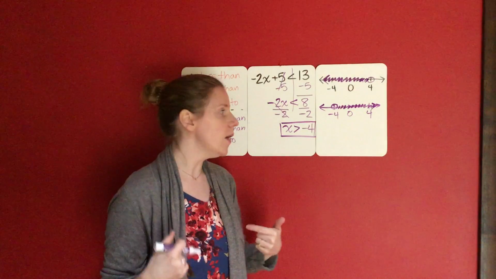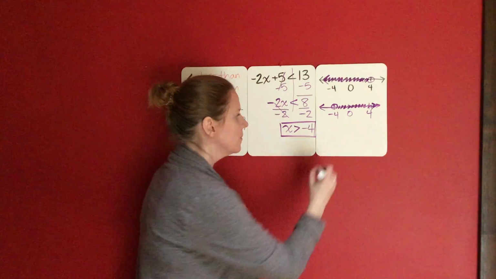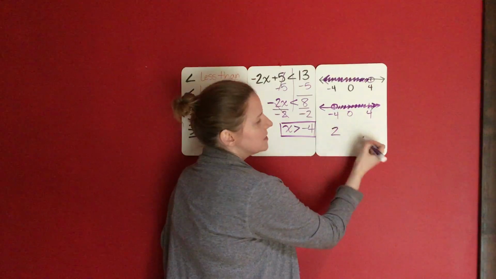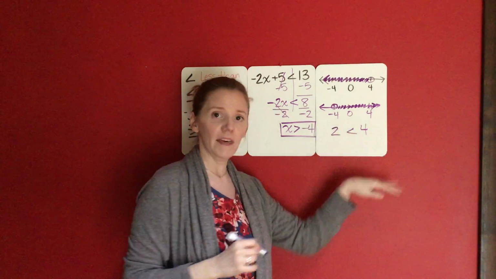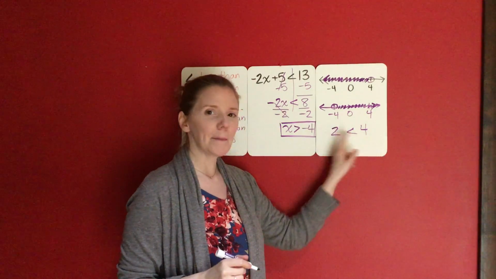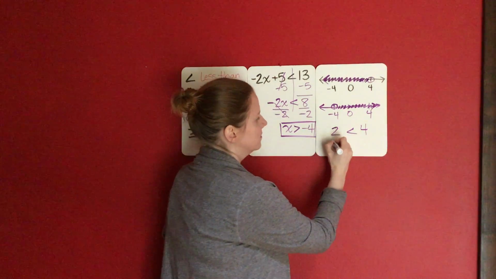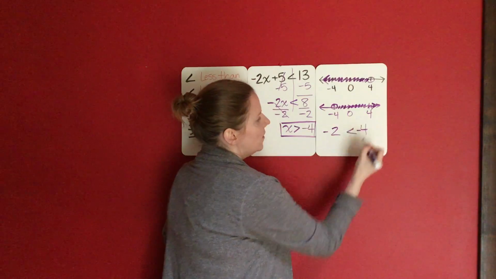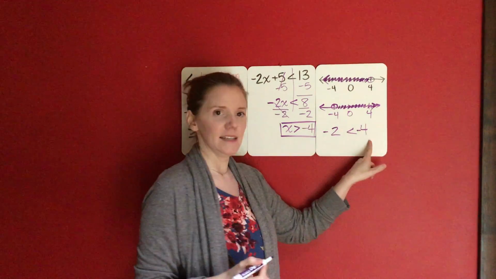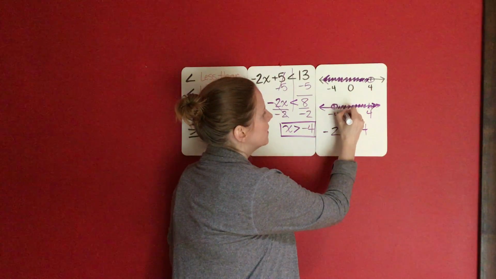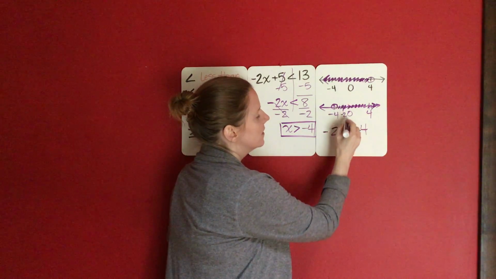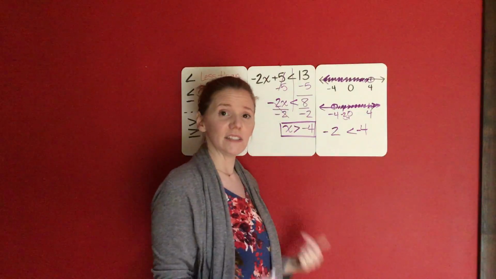If you're wondering why, remember when we did this little experiment? If we have something like 2 is less than 4, that's true. But if I multiply both sides by negative 1, I now have negative 2 is less than negative 4. But that's not true, because if I look at a number line, negative 2 would be right here, closer to 0.